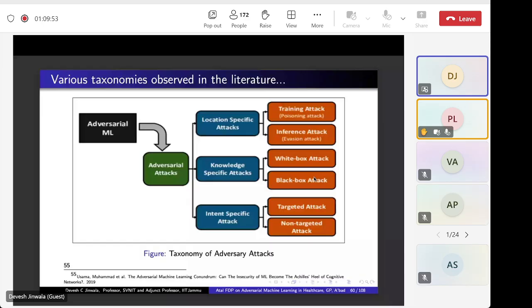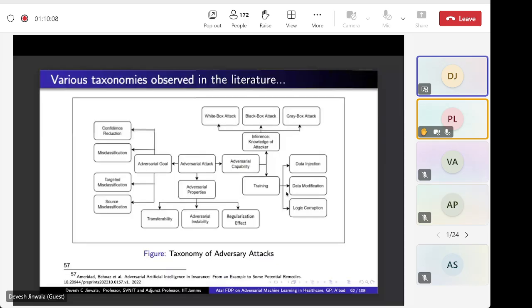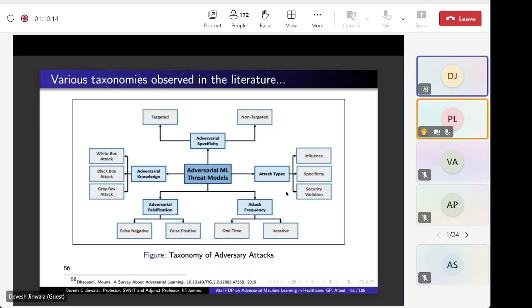When we talk of the attack classification, if you look at these different diagrams, you would have all these terms included. Whatever I mentioned would be included, except for one thing: I did not mention what the goals of the adversary are. That I am yet to talk about. From all these different taxonomies, I prepared one taxonomy here. It is drawn in PowerPoint, but it basically says that I should study attacks from the knowledge perspective of the adversary, what knowledge it has, and the specific goal of the adversary, whether the goal is targeted or non-targeted.